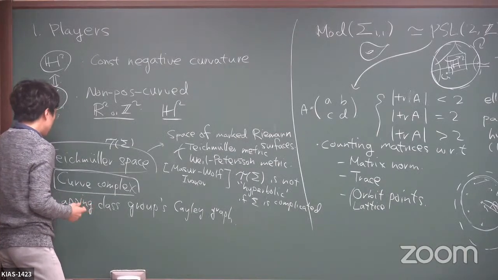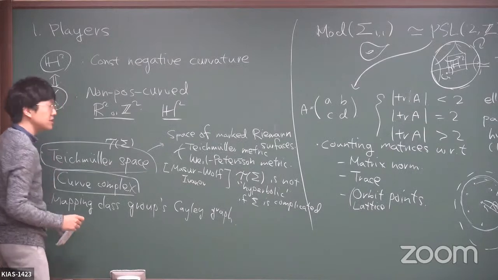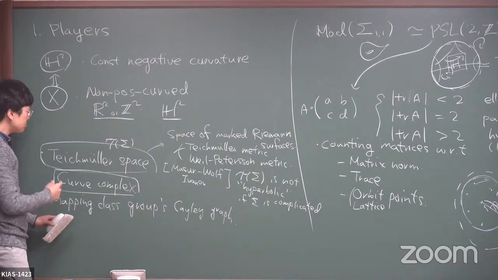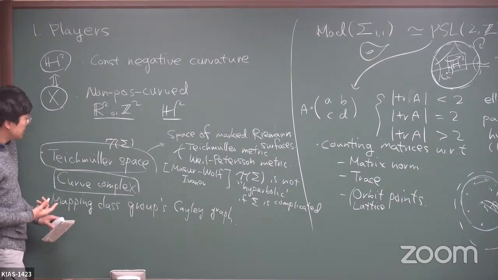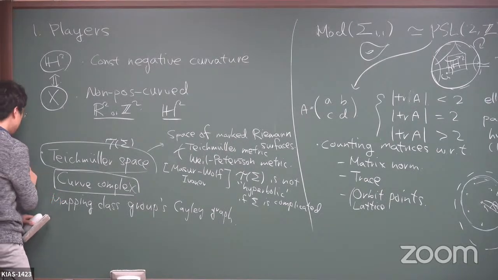However, people didn't really give up pursuing this hyperbolic dynamics. So they wanted to construct a new candidate space having uniform hyperbolicity. That was the idea of Masur and Minsky.